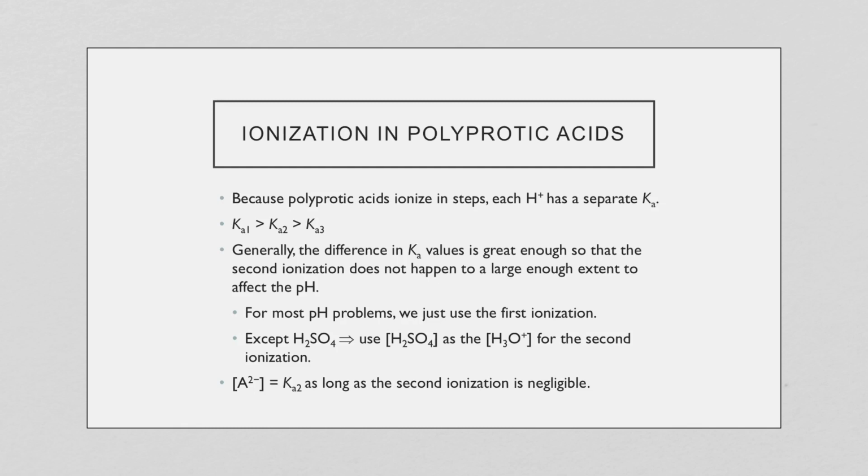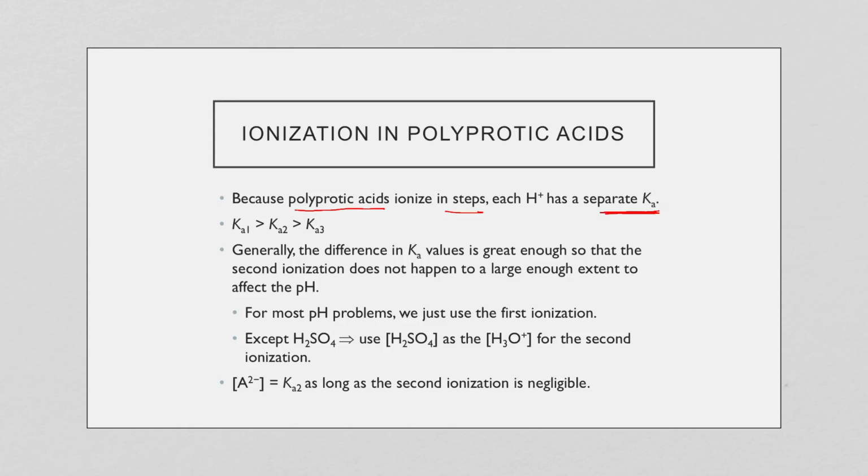Now, the key is that these polyprotic acids ionize in steps. They don't lose all 3 hydrogens at once or all 2 hydrogens at once. They lose the first hydrogen, then the species that's formed loses a second hydrogen, and so on. So it's stepwise, and each of those equilibria has an ionization constant.